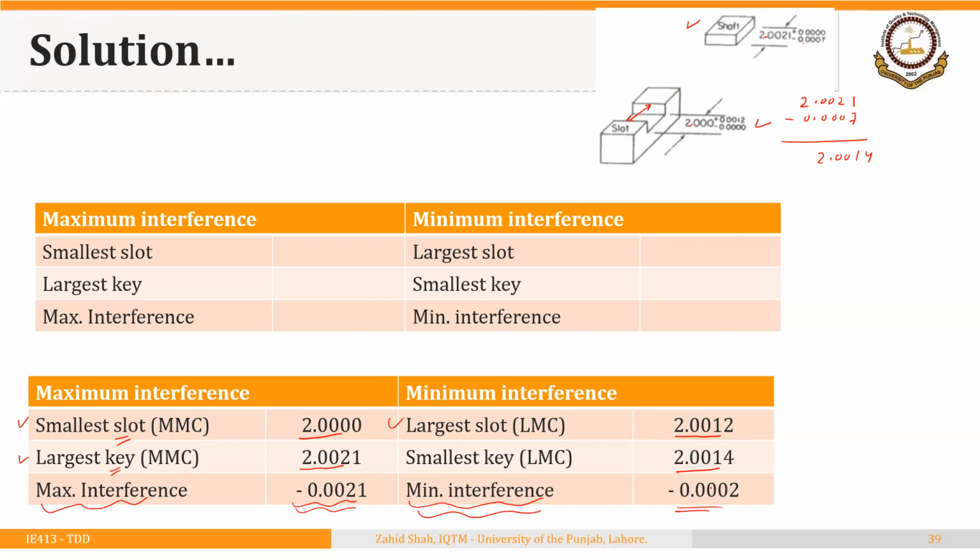You may recall in the case of clearance fits that we were getting maximum clearance when the hole and shaft were both made at the LMC. And once both are made at the MMC, we were getting the minimum clearance. So please think over it and try to understand the difference in the case of the two types of fits.